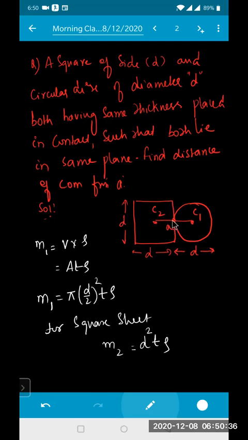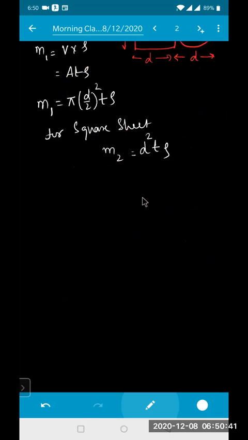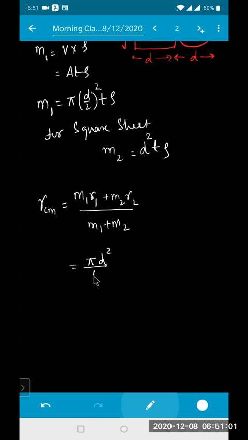So I can write the position of center of mass: RCM equals M1 R1 plus M2 R2 divided by M1 plus M2. M1 we already have as pi D square divided by 4, times thickness. Density will get cancelled.